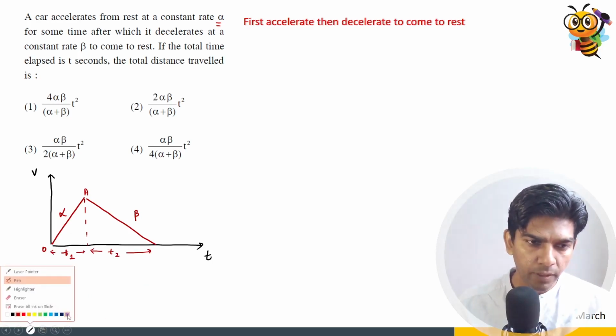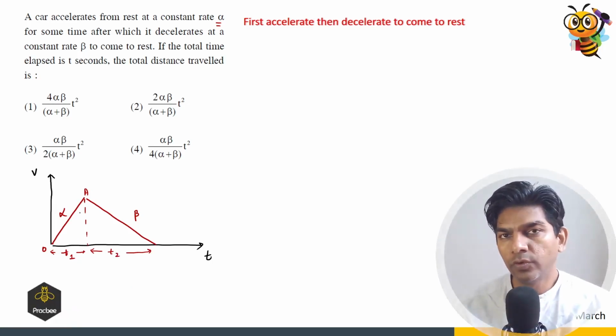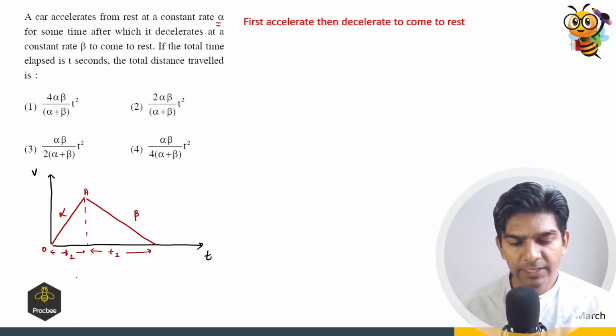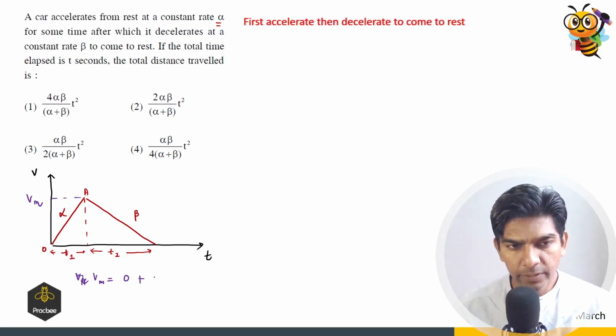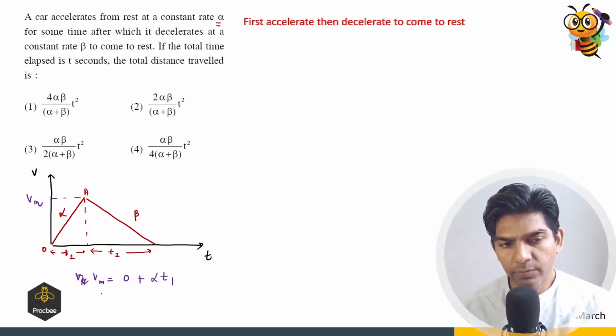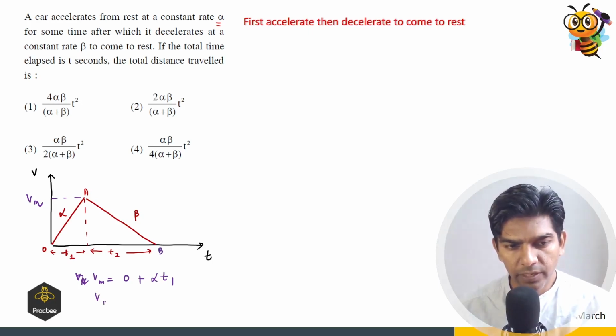Now, if I apply equation of motion from O to A, we can say velocity at A, which is nothing but the maximum velocity attained by the vehicle. So let me take it as Vm. So Vm is equal to u plus at, that will be alpha t1. Similarly, we can apply the same equation from A to B, and that will be Vm is equal to beta t2.